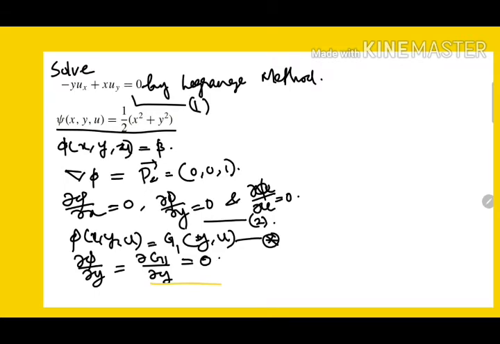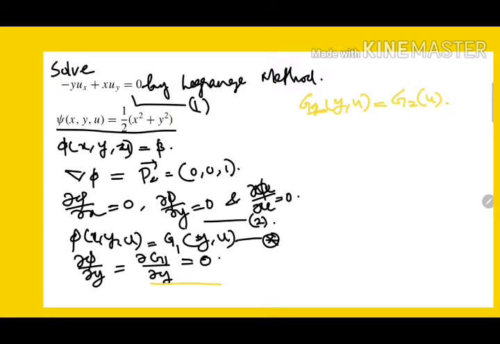That means g1 is a function of two variables y and u, and its derivative with respect to y is 0. So g1 is independent of y, or it is a function of u alone. Let g1 of y, u be a function of u alone, say g2 of u.